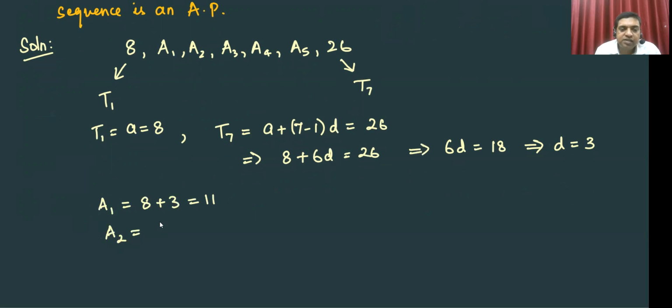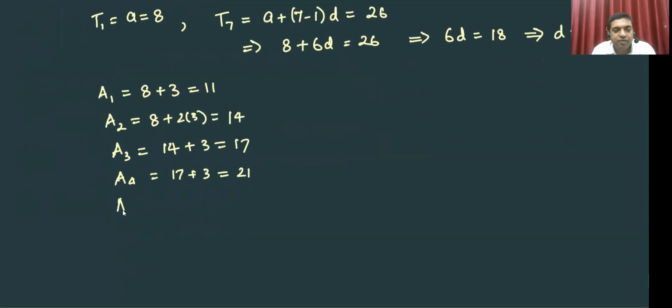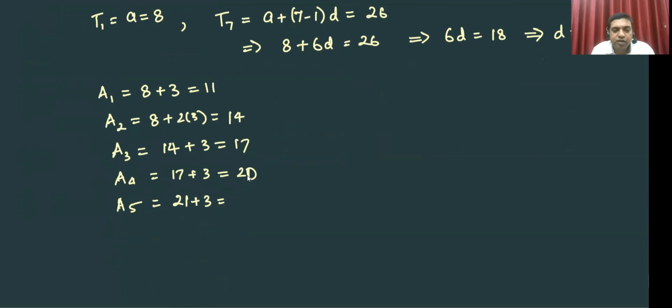So A1 is 8 plus 3, 11. A2 is add another 3, 11 plus 3, 14. A3, 14 plus 3, 17. A4, 17 plus 3, 20. A5, 20 plus 3, 23.